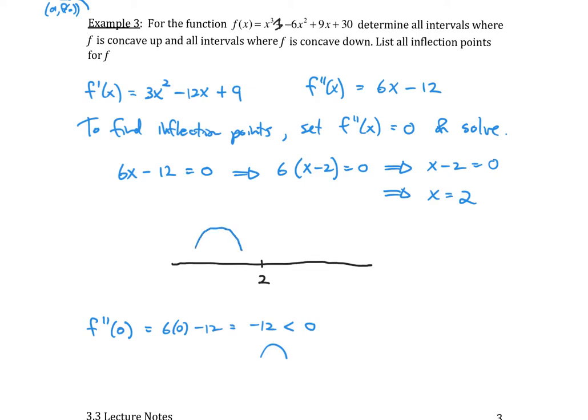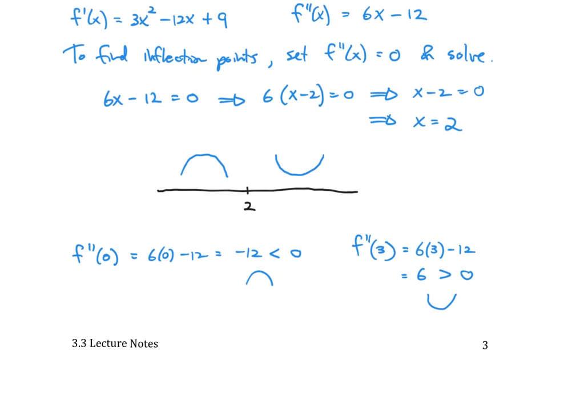If I calculate the second derivative, evaluate it at a point bigger than 2, let's say I do it with 3, then I'm going to get 6 times 3 minus 12. That's equal to 18 minus 12, which is 6. That's greater than 0. Positive things make me happy. So then this means that I have a happy face over there. So what's our conclusion?